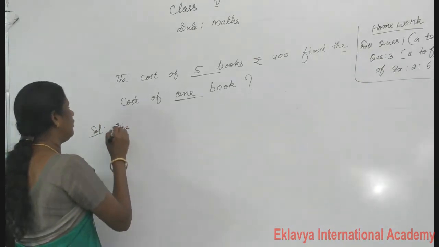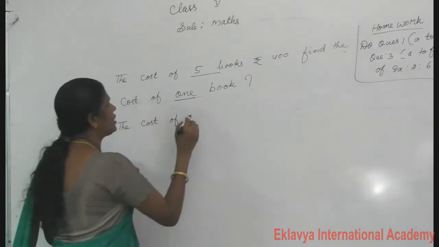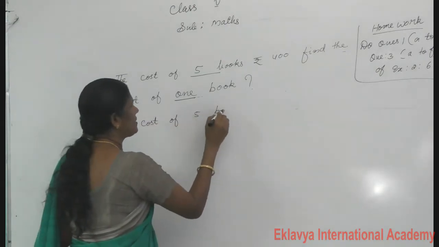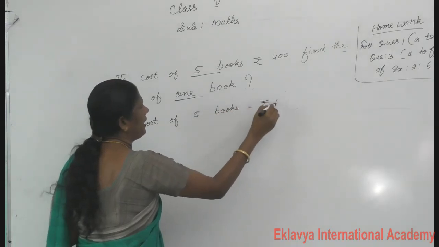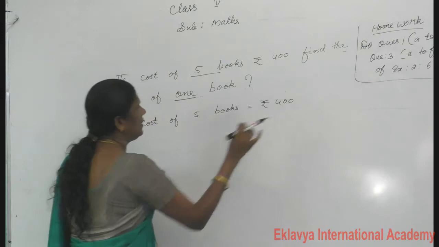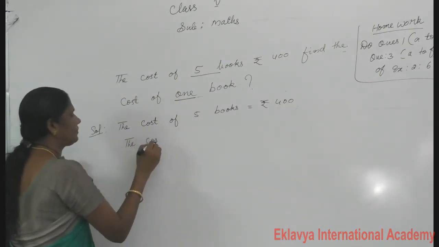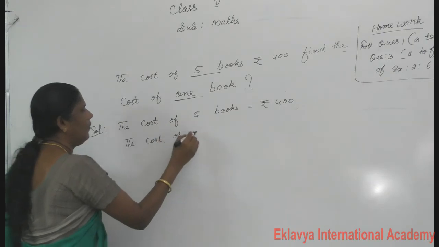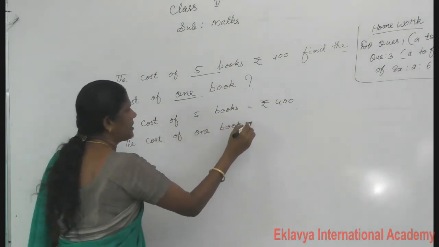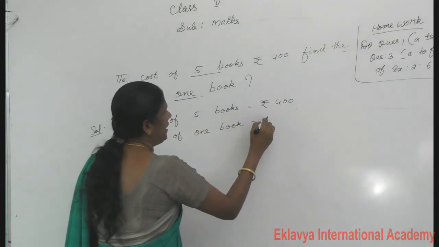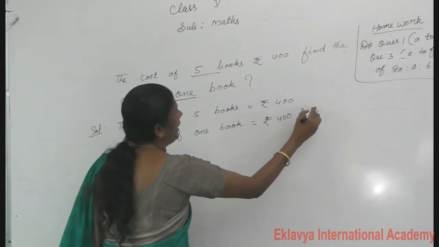Statement: the cost of 5 books is equal to rupees 400. Second, the cost of 1 book is equal to rupees 400 divided by 5.